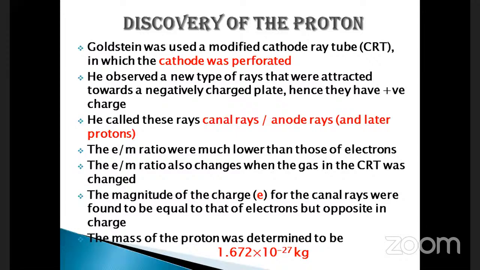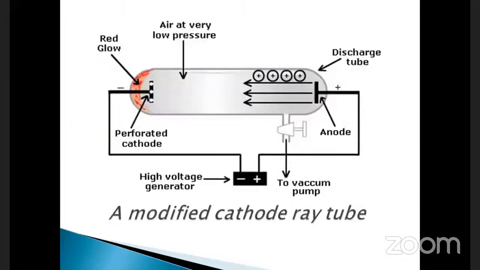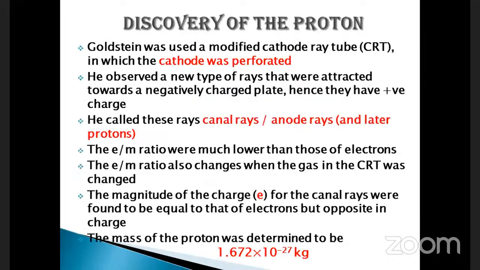This is times 10 raised to power minus 27, whereas that one was times 10 raised to power minus 31. So the protons are a bit heavier, but still light. Sorry, that's the mass.